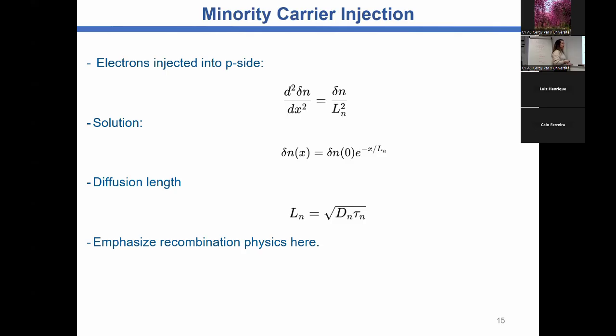So this will give emphasis on recombination physics that can be occurring if we have, for instance, one length that's too high enough to have recombination instead of transport, or if we have some trap that could reduce the length of the diffusion and also will give recombination more probability than transport.